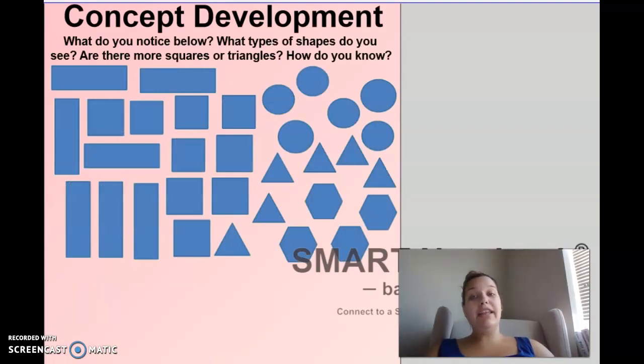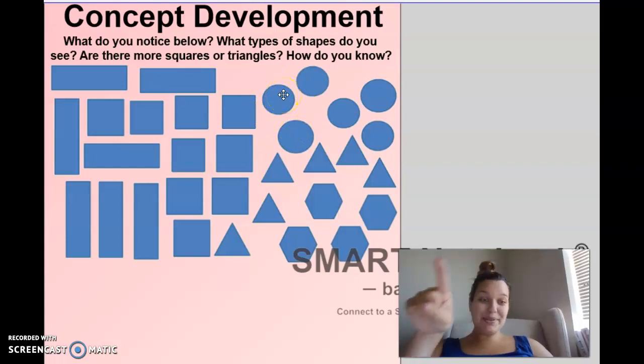So we're going to dive right in today, and I want to talk about the shapes we see on our screen. What kind of shapes do you see? Does anyone remember this shape? A rectangle, very good. Does anyone remember this shape? A square, which has our four equal sides. Do we remember this shape?